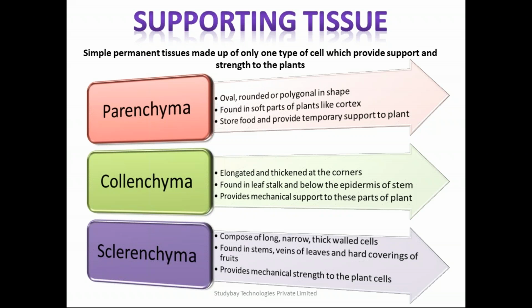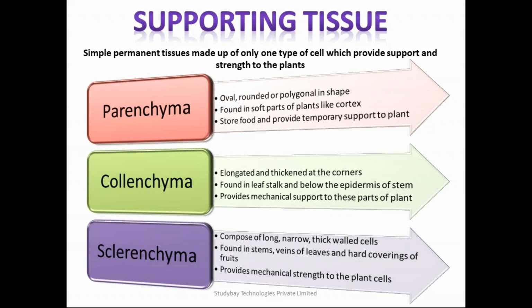Parenchyma store food and provide temporary support to the plant. But collenchyma provides mechanical support to these parts of the plant. Similarly, sclerenchyma provides mechanical strength to the plant.